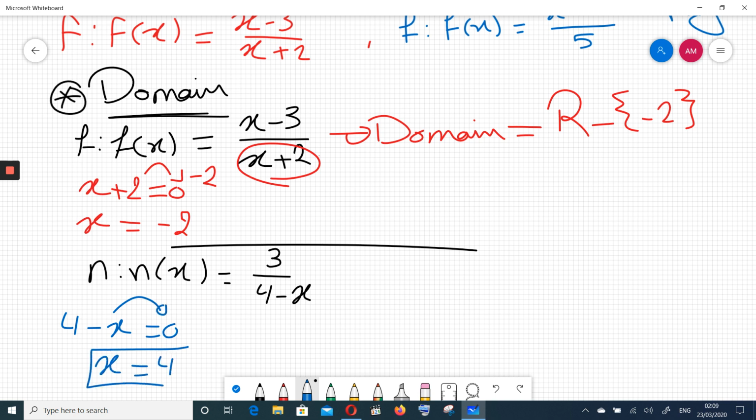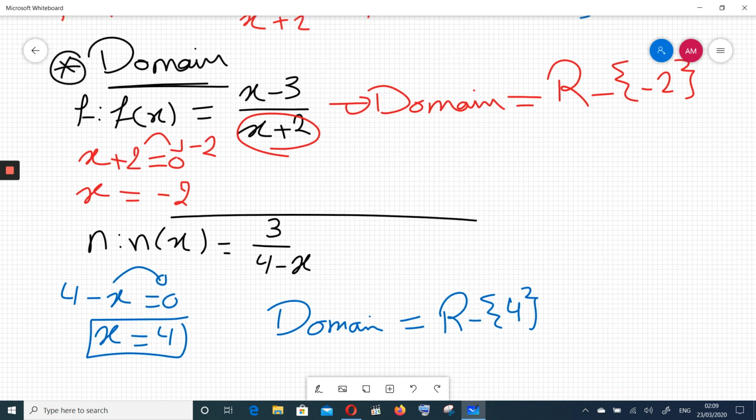So x equals 4. And now our domain is going to be R minus the set of 4, because this is the value that makes my denominator equal 0. And if my denominator equals 0, that means it's a math error or meaningless.